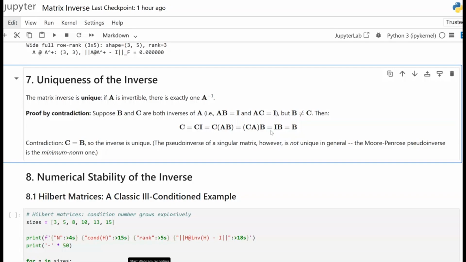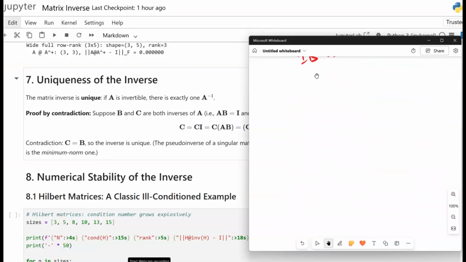Why is this important in machine learning? Kindly think about this. This uniqueness gives us confidence when solving matrix equations. For example, AX equals B, and using X equals A inverse B, we never have to worry about getting multiple answers because of multiple inverses.